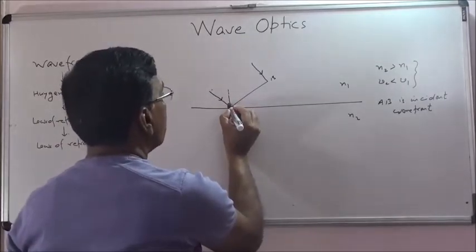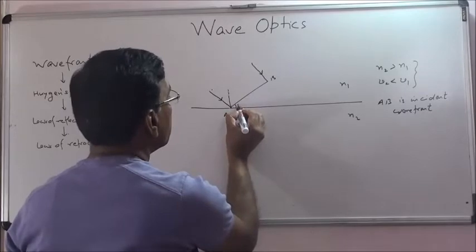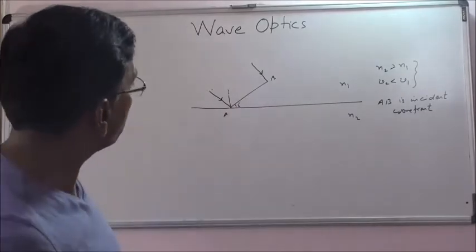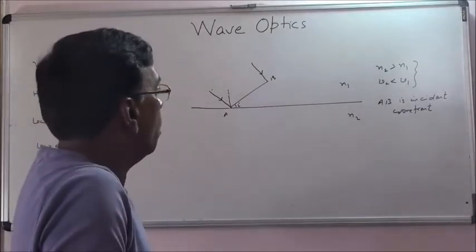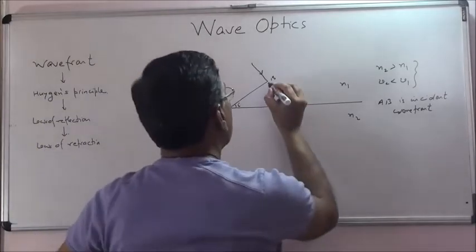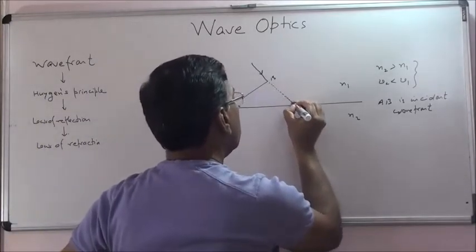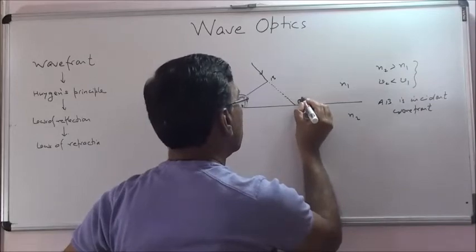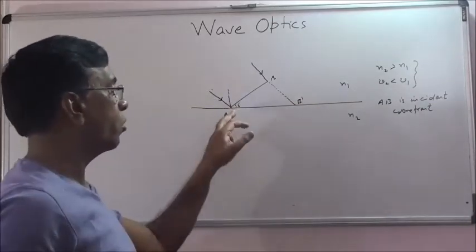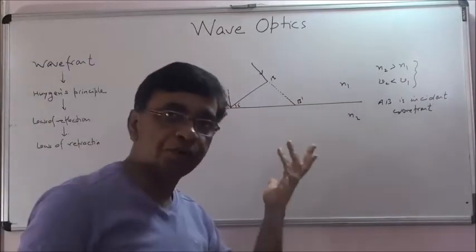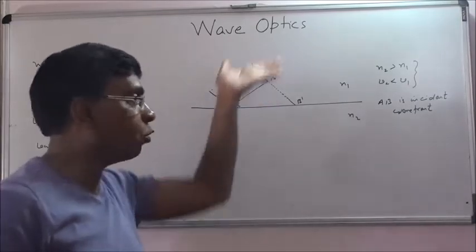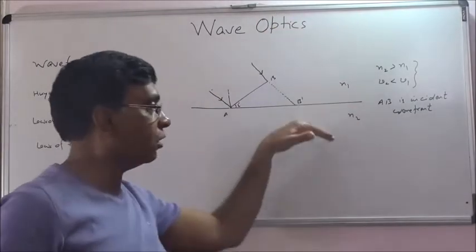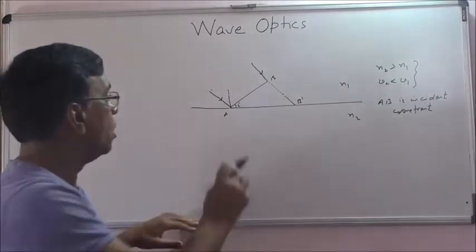Again, this is I, 90 minus I, so it becomes I. By the time the secondary wavelet from B reaches B dash, the secondary wavelet from A will move some distance in the second medium. It's not going back. It's a refraction. It will go to the other medium.